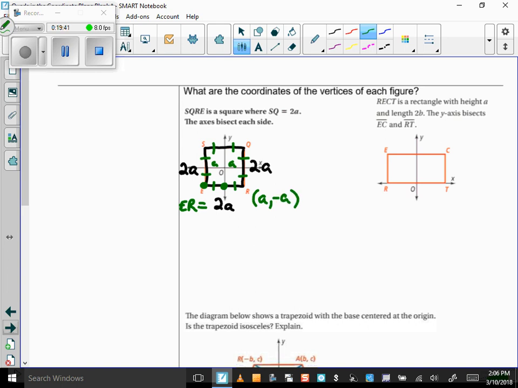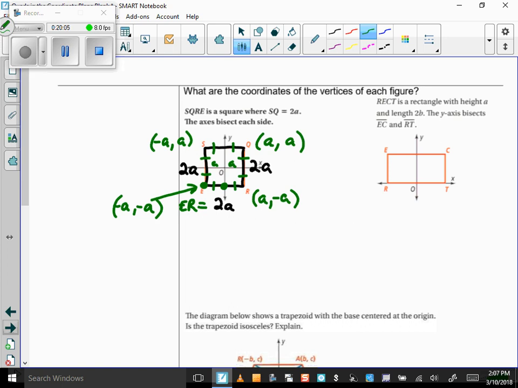If I look at the vertex at Q, I got to go over A and I got to go up A units. For S, I got to go to the left A units and up A units. And for vertex E, I have to go to the left A units and down A units. So that's how I'm going to do problems like those.